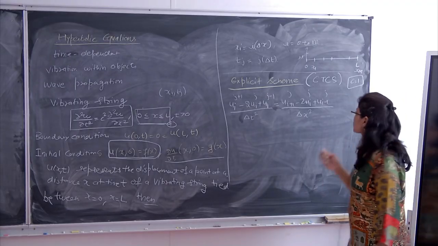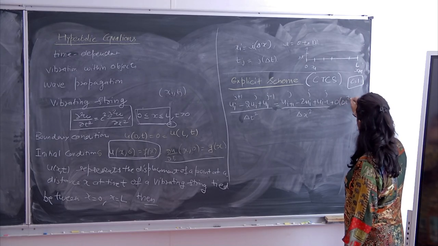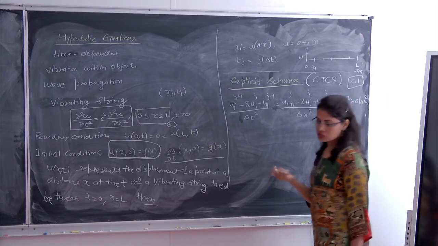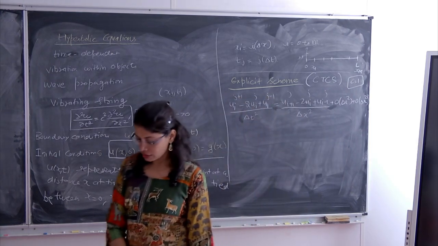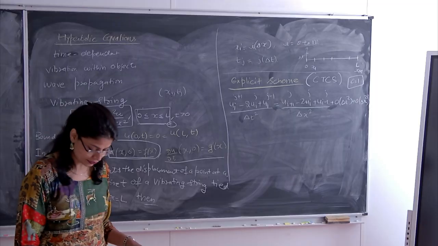You should also write the truncation error, that is order of delta t square plus order of delta x square. So this is a scheme which is second order in both space and time.